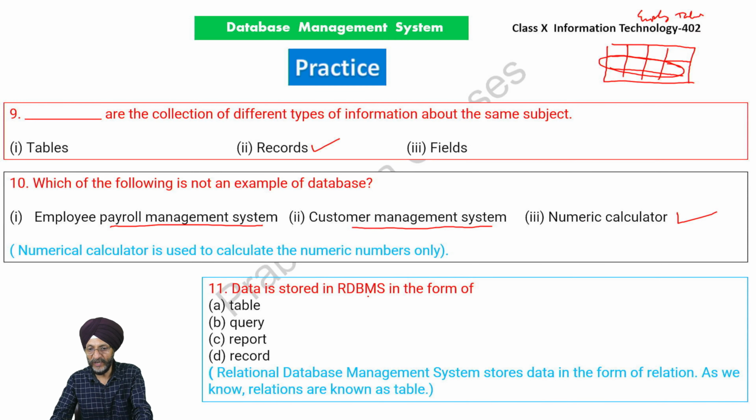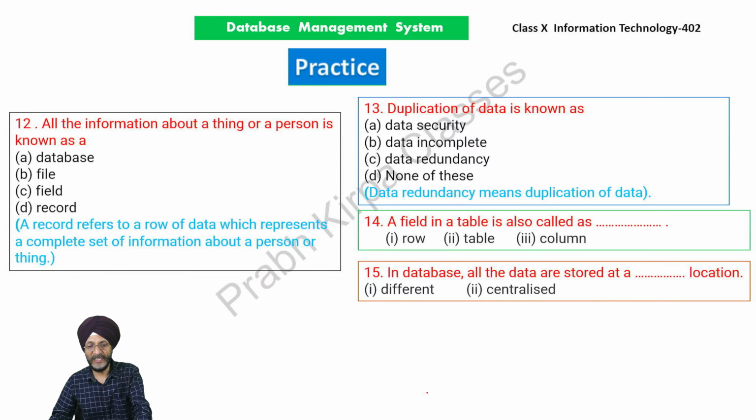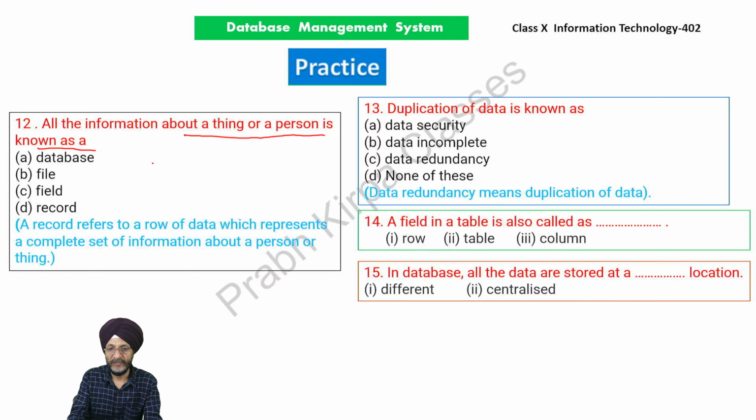Data is stored in RDBMS in the form of tables. Relational database management system stores data in the form of relations. As we know, relations are also known as tables. Next, all the information about a thing or a person is known as, suppose this is the student table. Here we have assigned student ID, here we have given his name, here we have mentioned class.